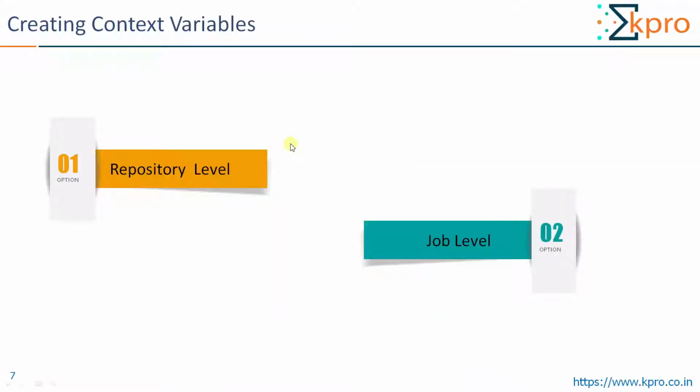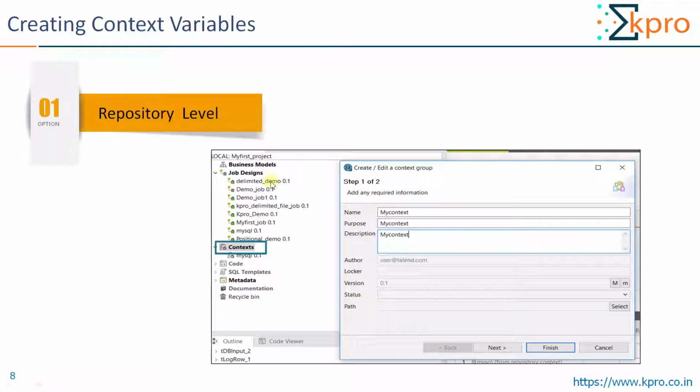Context variables can be created at repository level as well as at job level. We'll see how to create the context variable at repository level and how to use them in the job.